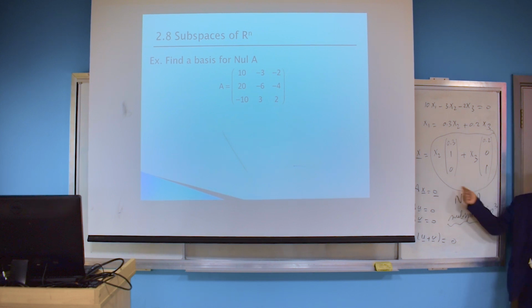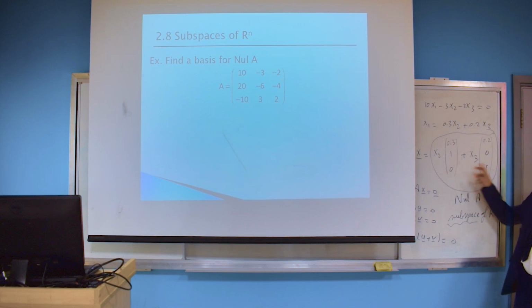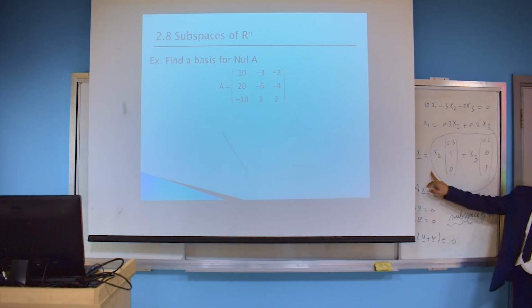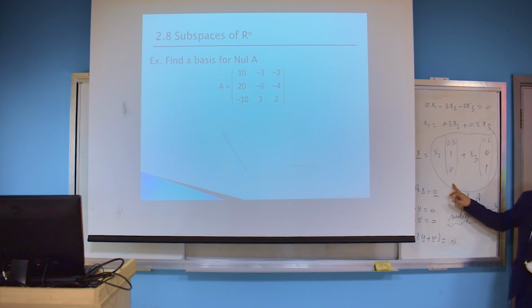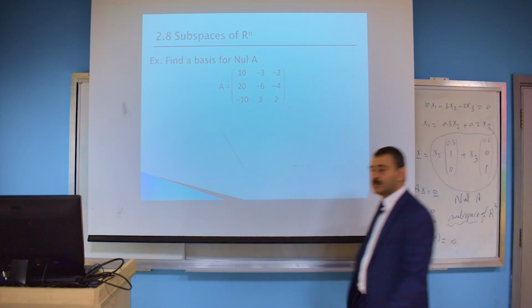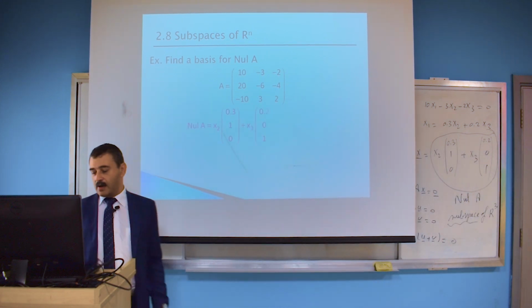This spans your null space and they are linearly independent. So these guys are actually the basis for the null space. So simply when you write the null space in vector form, you will get directly the basis of the null space.